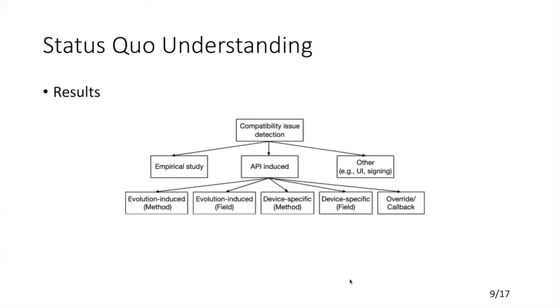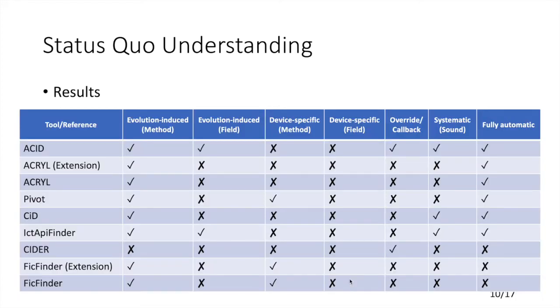We also summarized the detection of different types of issues with regard to the proposed artifacts. The table shows that most of the tools are developed for detecting compatibility issues induced by the method evolution of the Android system. For the field evolution-induced compatibility issues, ACRWL and ICT API Finder have mentioned the issue in the paper, but not in detail.